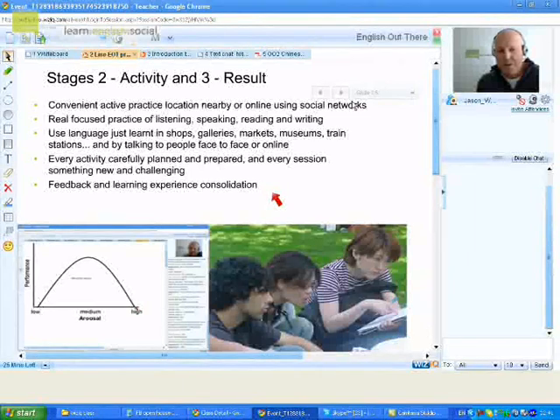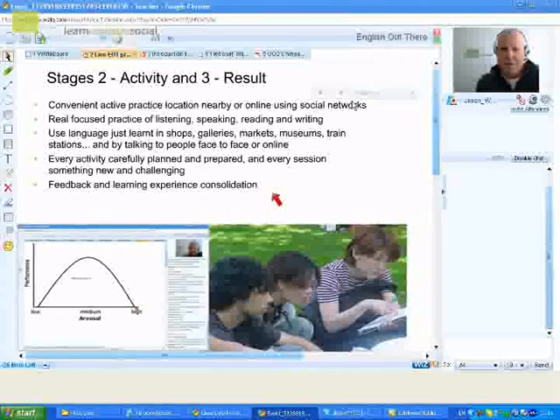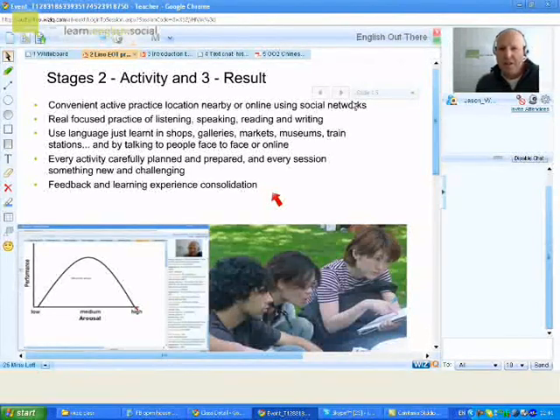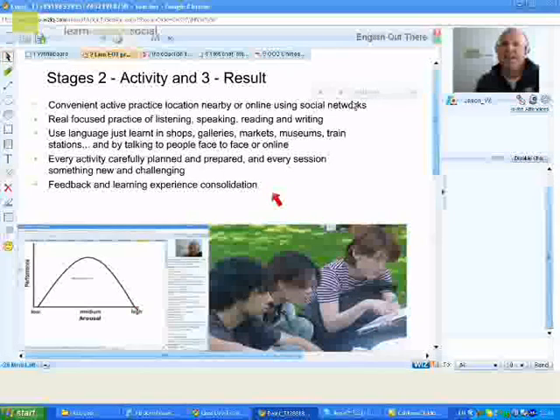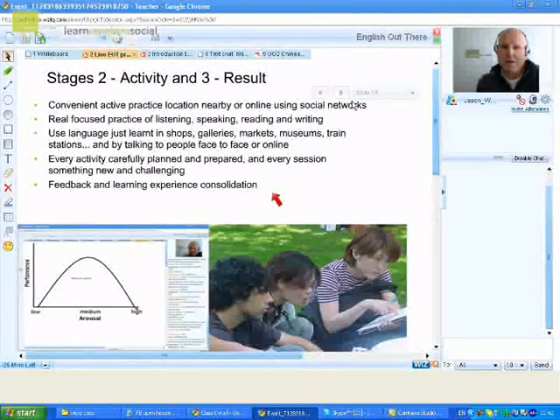But you can also do this online, and that's what the speaking activity online is about. You make English-speaking friends using social media, and you say, "Hey, I just want to practice some English for 2 or 3 minutes after your lesson." And they say, okay. They know it's going to be a quick conversation.